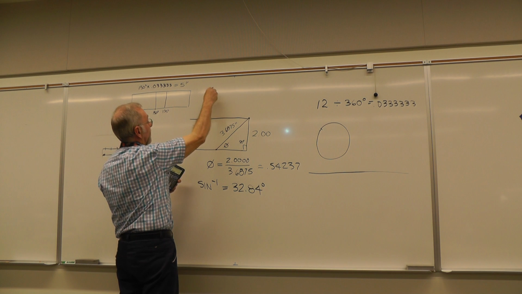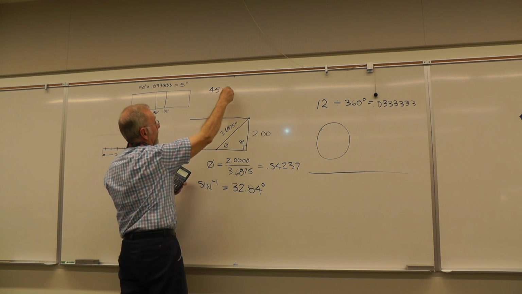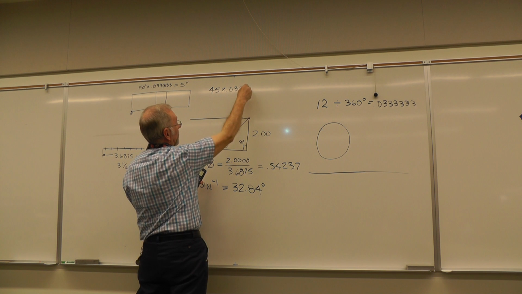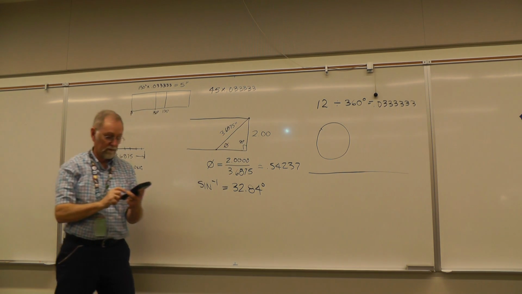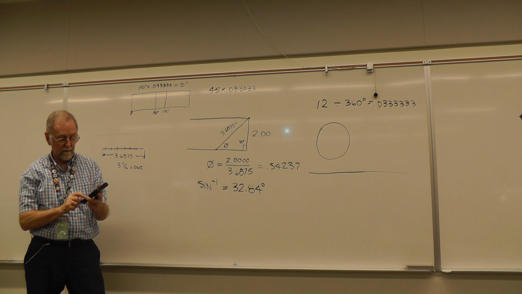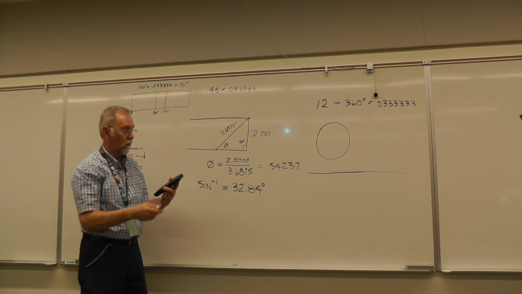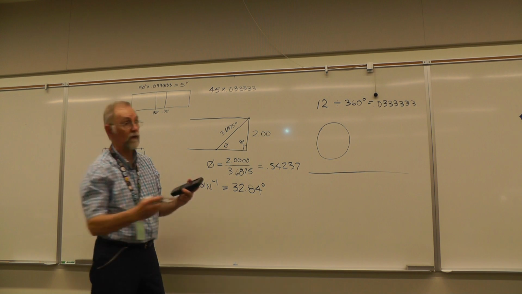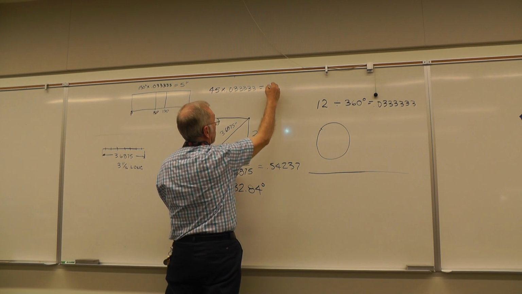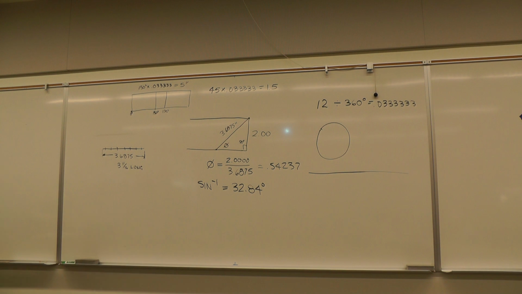If I take 45 and multiply it by 0.0333333, I get 1.499999, which rounds to 1.5. And the other increment was what? 120 degrees, I think? Yeah, 120 degrees.